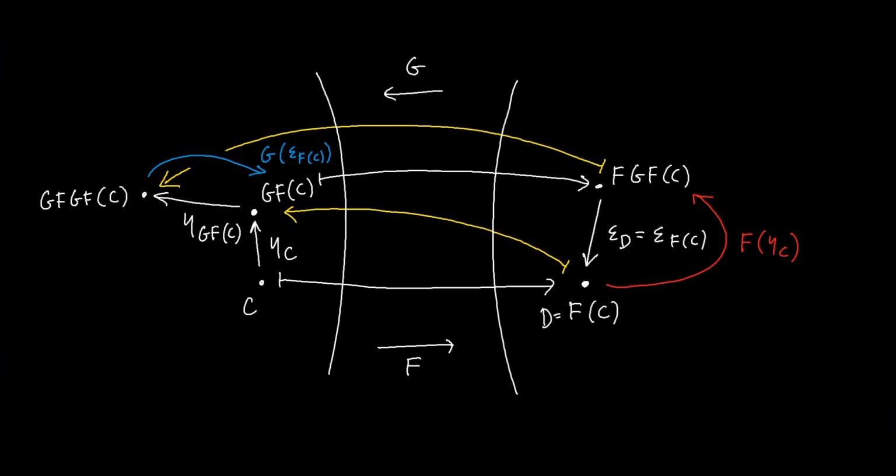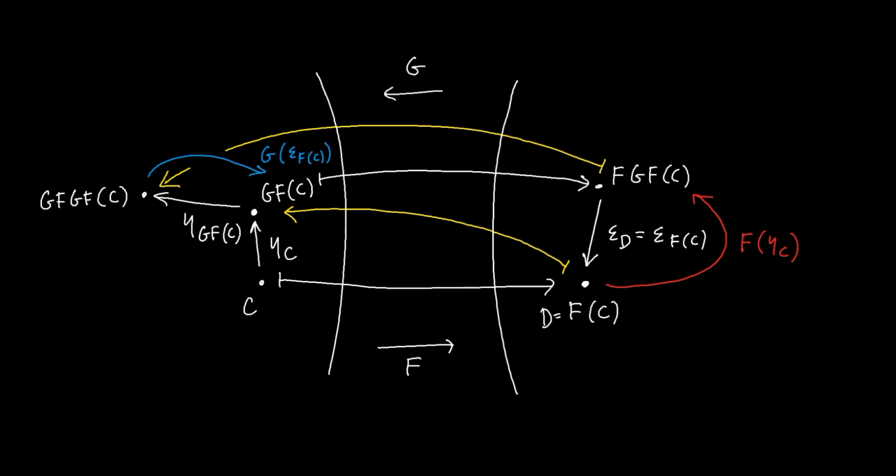For example, if I start with object C, and then I go there and come back, this GF of C is an approximation of C. Now, by applying the functor F to this arrow, I get a corresponding approximation of F of C, being approximated with that object FGF of C, right?